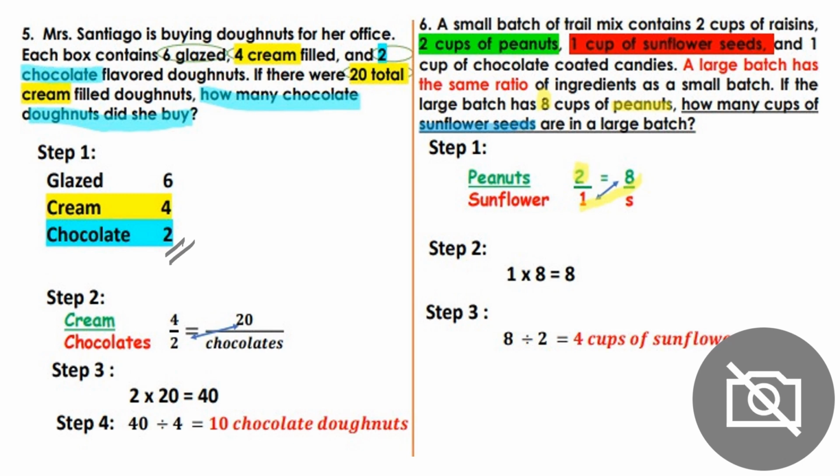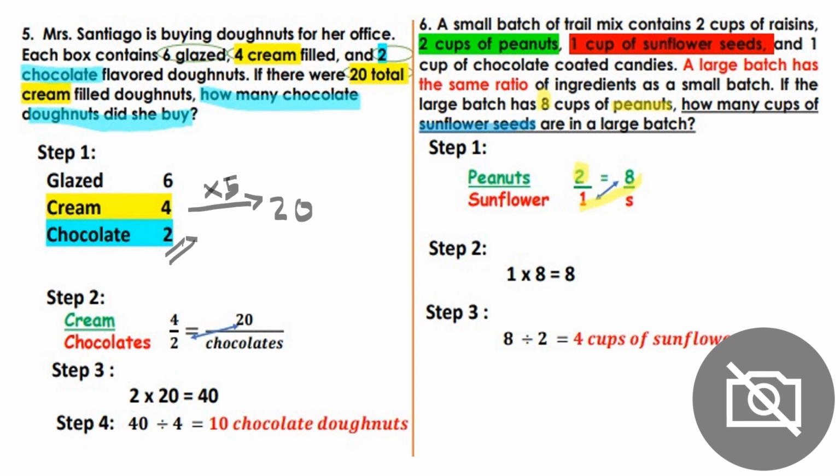Cream is 4, chocolate is 2. Cream filled donuts total 20. So this cream becomes 20. How did this cream become 20? This 4 became 20 by multiplying by 5, right?